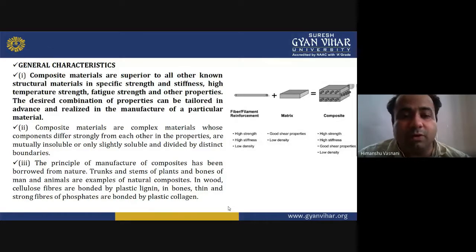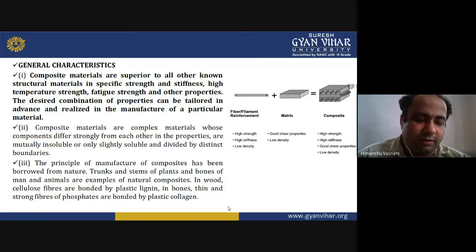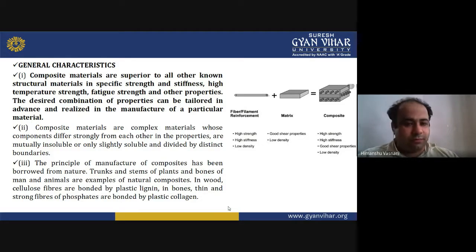So when you talk about these composite materials, we can say that composite materials are complex materials whose components differ strongly from each other in properties, are mutually insoluble or only slightly soluble, and are divided by distinct boundaries.